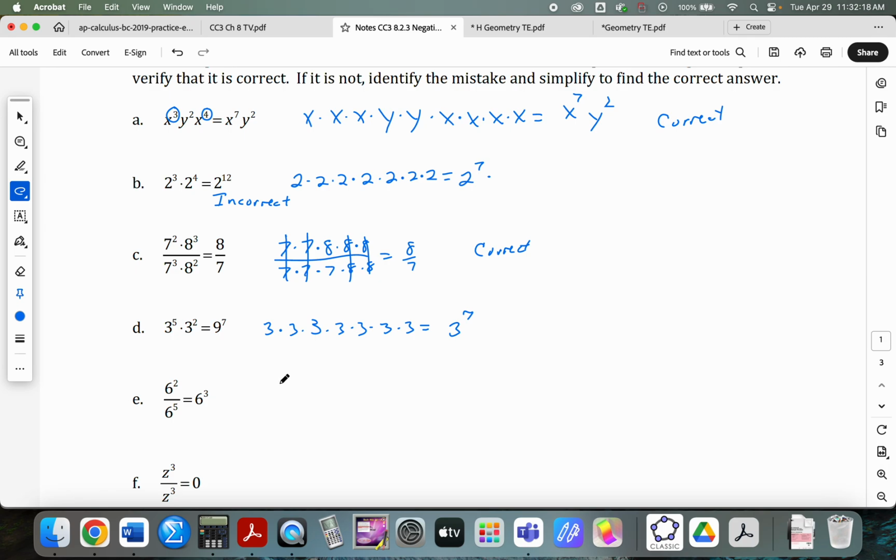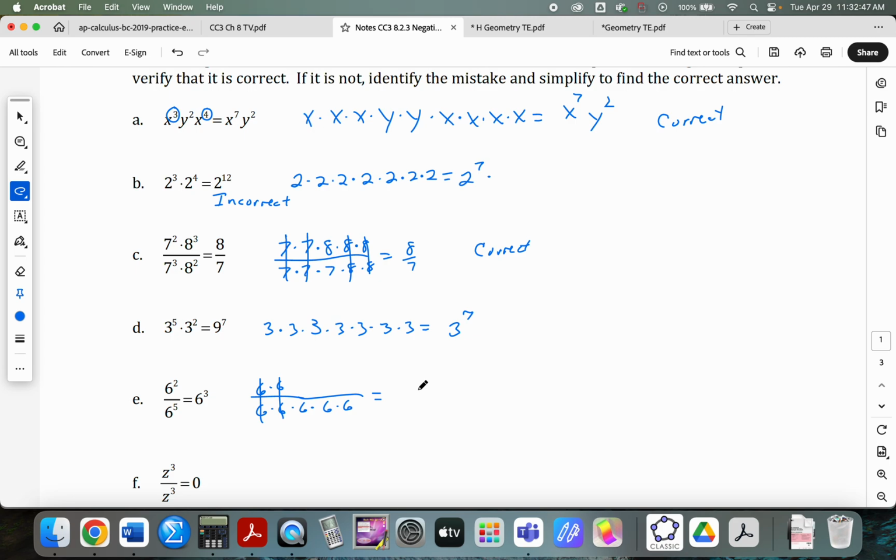And if you ever forget the rules, just spend a little bit of time expanding 1 or 2 of them, and you'll go, oh, yeah, okay, that's the right rule. It doesn't take long. All right, so here, 6 squared over 6 to the 5th, so that's 6 times 6 over 5 6s multiplied together. Here we've got 1, here we've got 1.